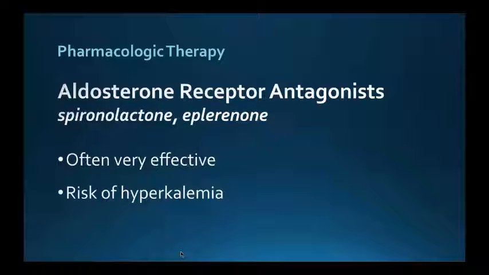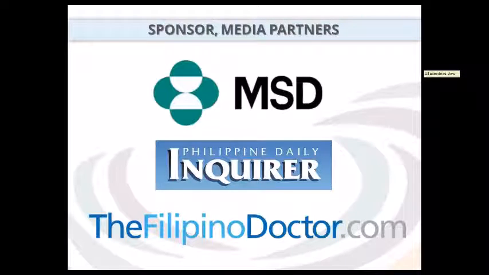Aldosterone receptor antagonists are often very effective in the management of resistant hypertension because such patients often have high levels of aldosterone. The main thing to watch out for with this group of drugs is the risk of hyperkalemia, especially in patients with reduced kidney function.